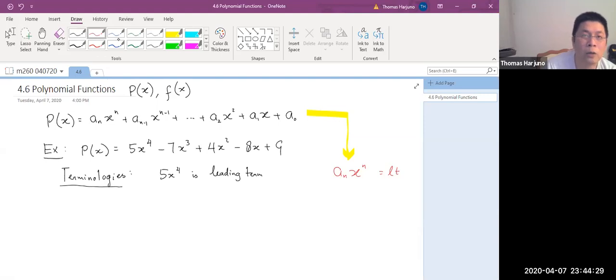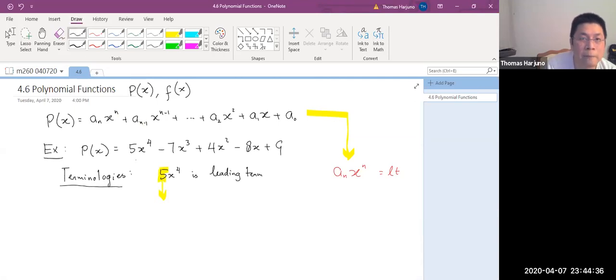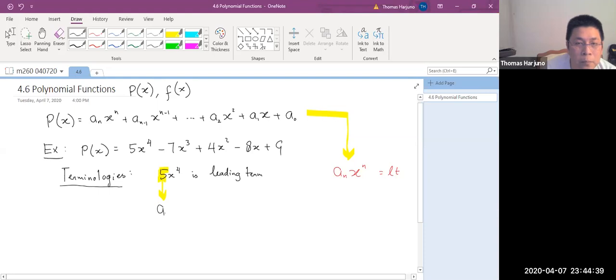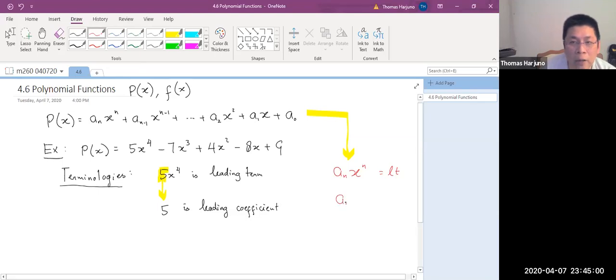Now the leading coefficient is that a sub n. So the 5 here is the leading coefficient. In the general form, a sub n is what we call the leading coefficient.